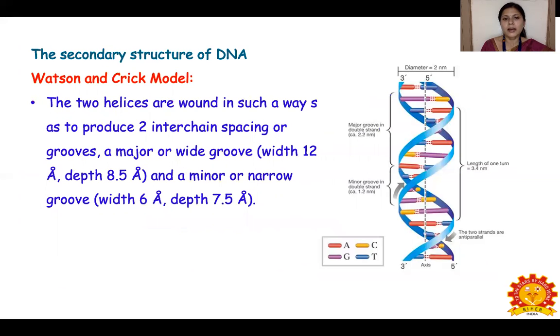The two helices are wound in such a way as to produce two interchain spacings or grooves. There will be one major groove and one minor groove. The major groove is the wide groove, with a width around 12 angstrom and a depth around 8.5 angstrom, whereas the minor groove has a width of 6 angstrom and a depth of 7.5 angstrom.